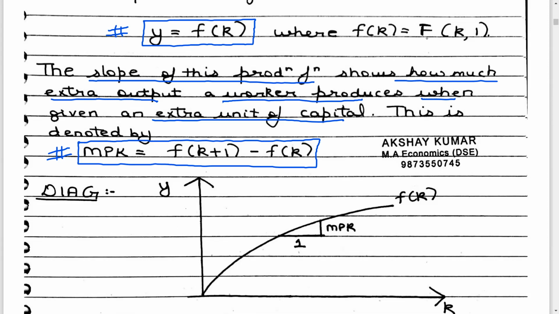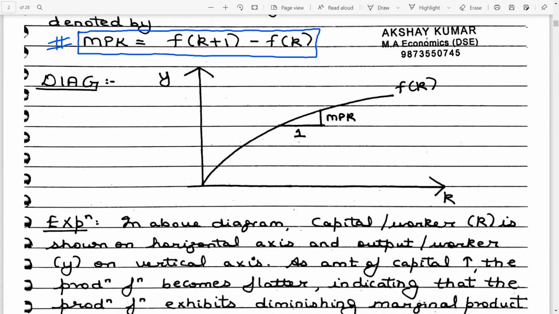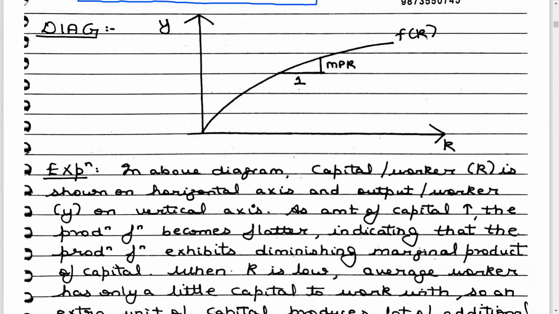You can now look at the diagram. If we analyze the diagram, on the horizontal axis is capital stock per worker, and on the vertical axis is output per worker. Now, since we have diminishing returns, that means my marginal productivity of capital is diminishing.